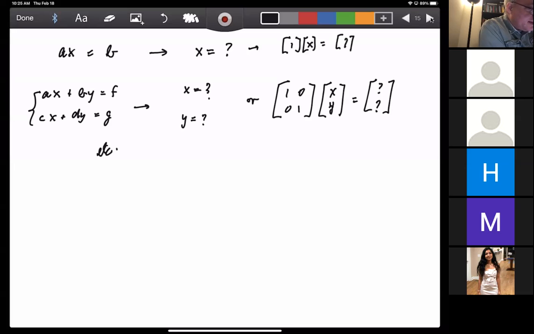It's a little silly to think about a 1-by-1 system in terms of matrices and vectors, but in principle you could do it.